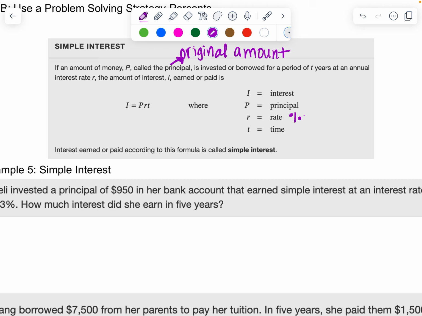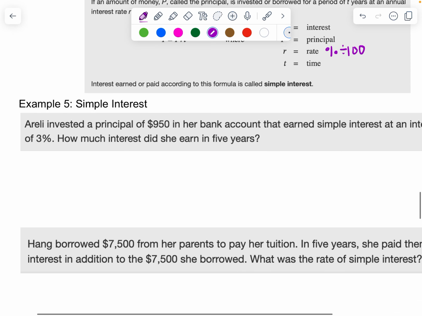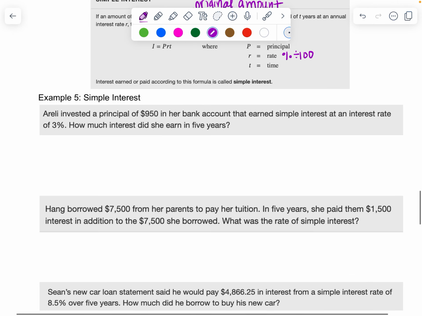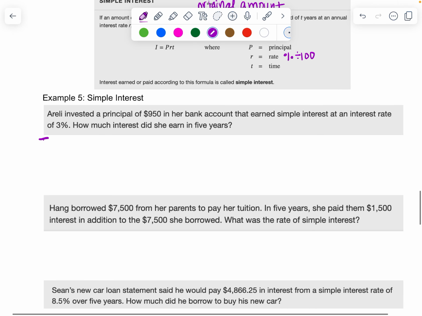Again, we need to do the percent divided by 100 in order to get the rate. So let's see here. I'm going to write down I equals, P equals, R equals, T equals. Those are the four things we need. We will find out 3 of the 4 of them, and we need to find the 4th.